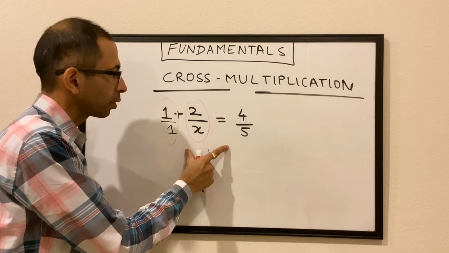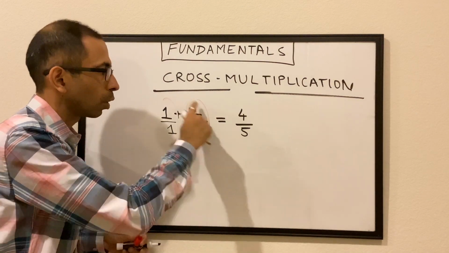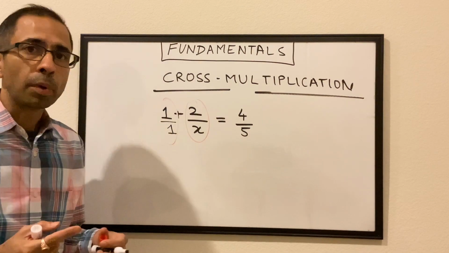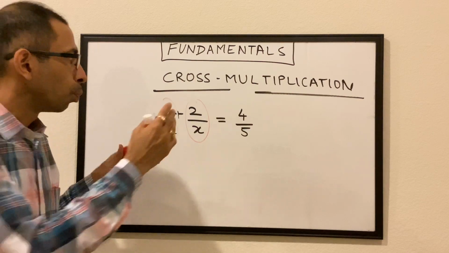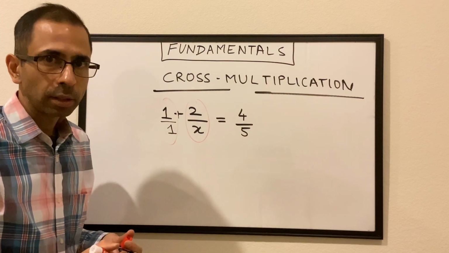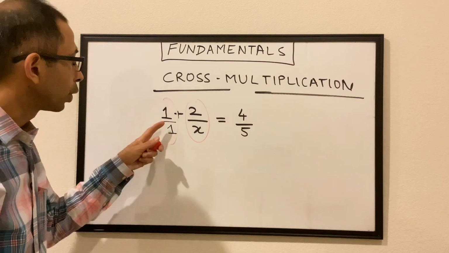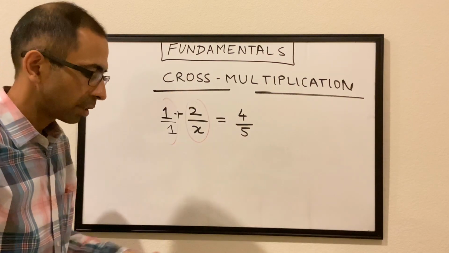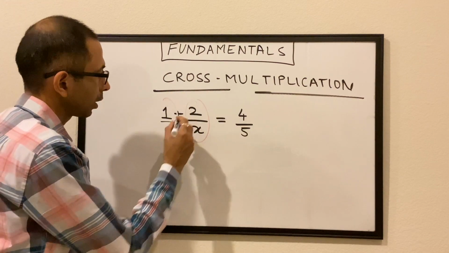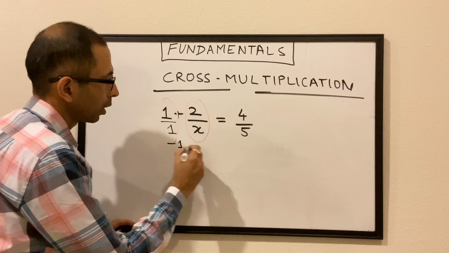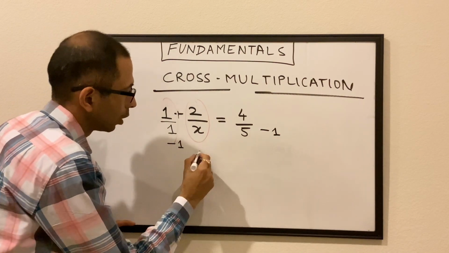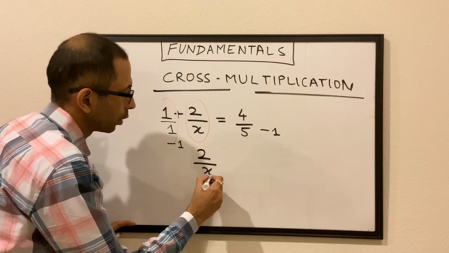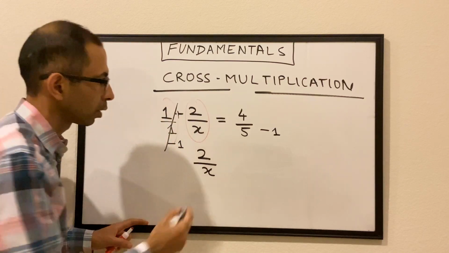So at this point, if we have to solve for x, we cannot do cross multiplication, but we can do something to make a single fraction on each of the sides. What we're going to do is bring 1 from the left side onto the right side. So we're going to do -1 here and -1 here. The left side becomes 2 over x because 1 minus 1 gets away.